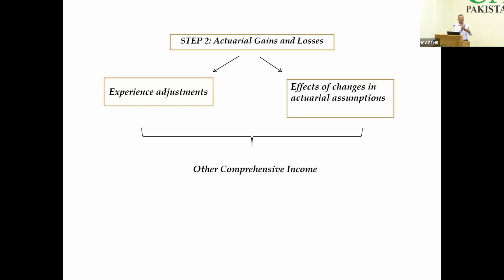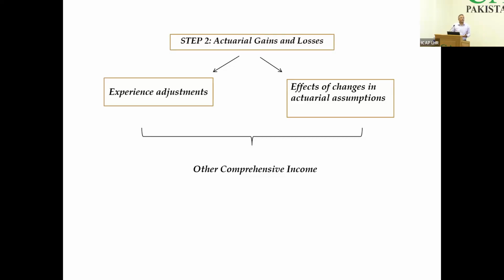Let's say at the end of the second or third year, we get another report. He says now the employment time will not be 5 years, it will be, let's say, on average 6 years or 7 years. So the benefit we are going to pay is different from the value which the actuary will provide in the new actuarial report. So that will be called a change in the actuarial assumptions.